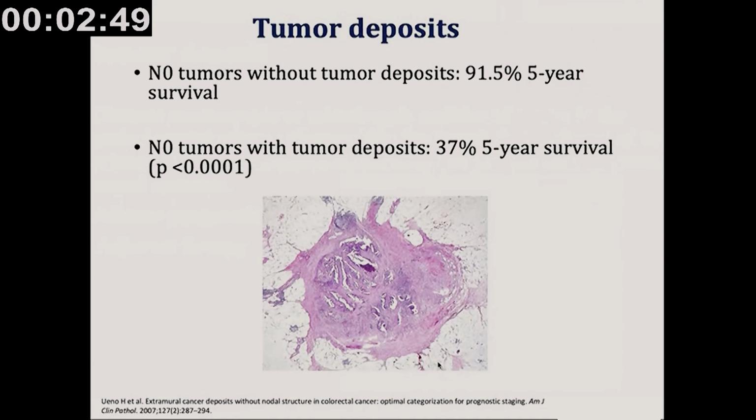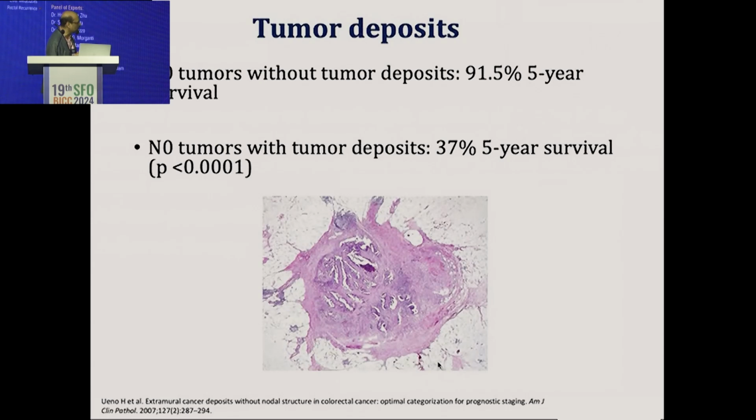So it is very important to identify tumor deposits and differentiate them from lymph node metastasis, because N0 tumors without tumor deposit have a 91.5% 5-year survival rate, but N0 tumors with tumor deposit have only 37% 5-year survival. So it is very important to identify this tumor deposit.